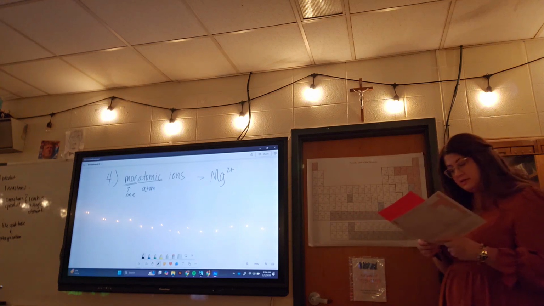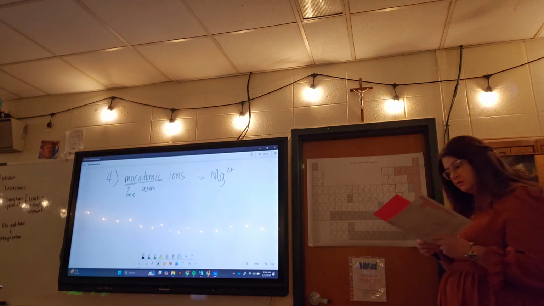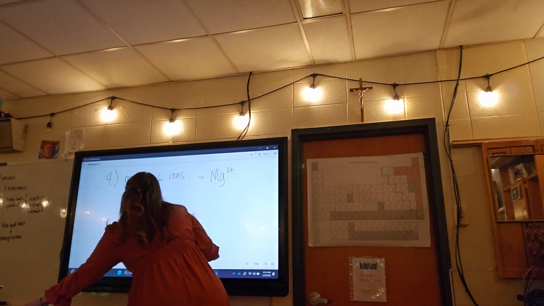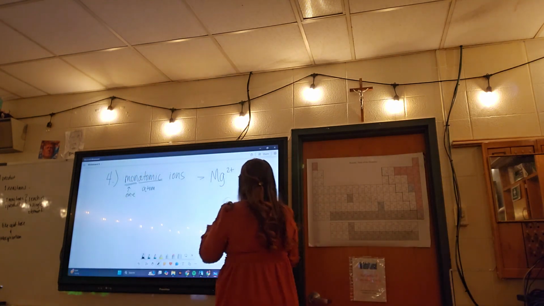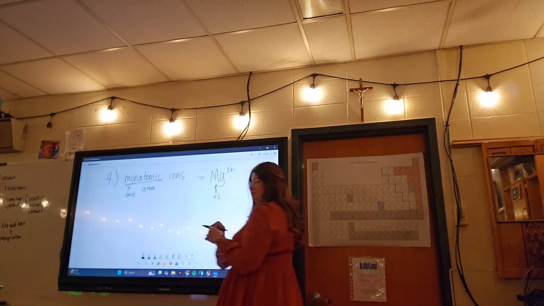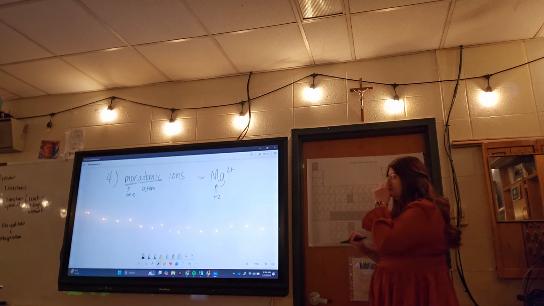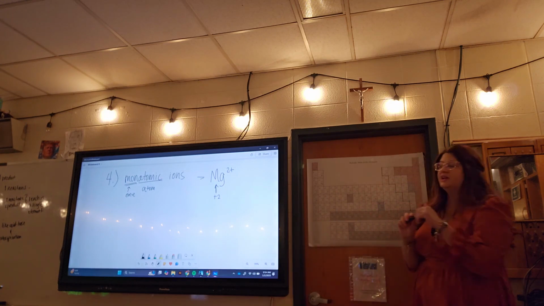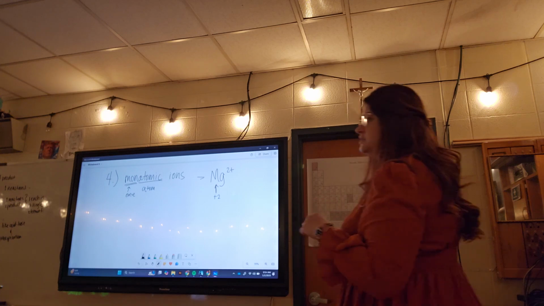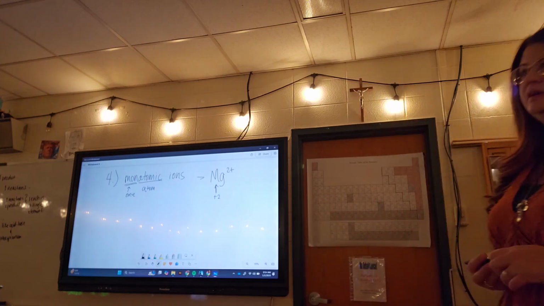Okay, so my rule says the oxidation number is equal to the charge on the ion. So if the charge is 2 plus, the oxidation number is plus 2. What's the difference? The plus is in a different place.